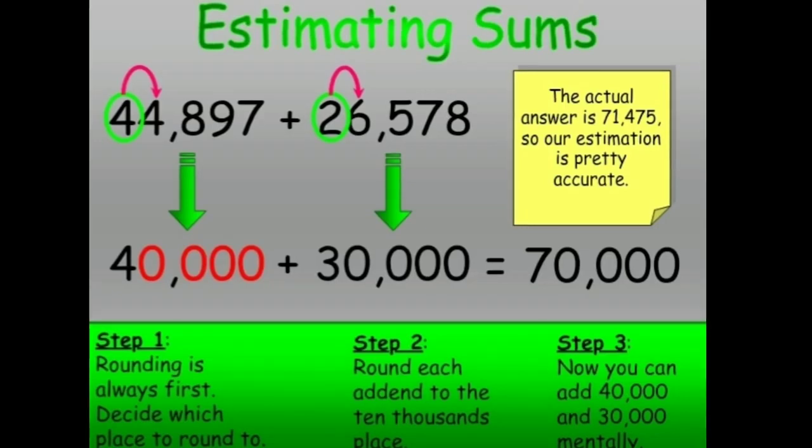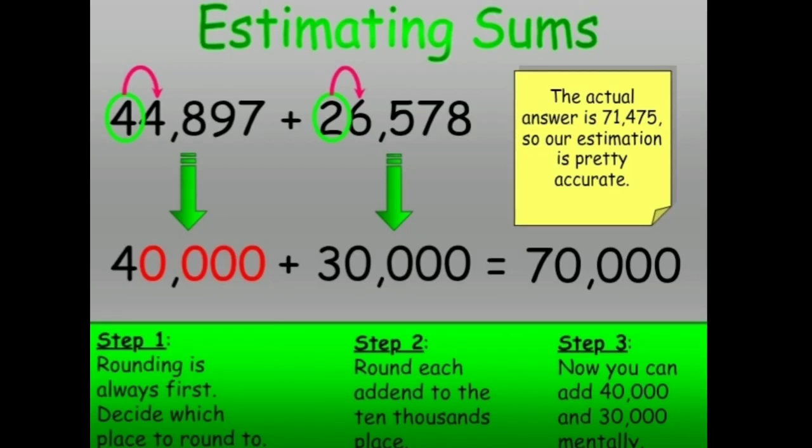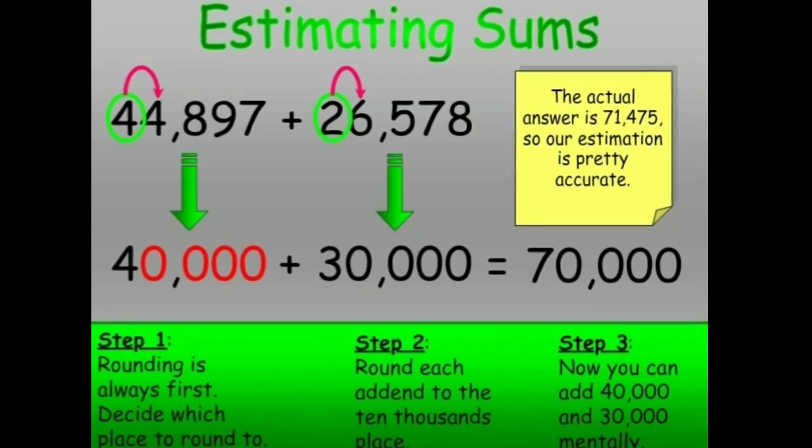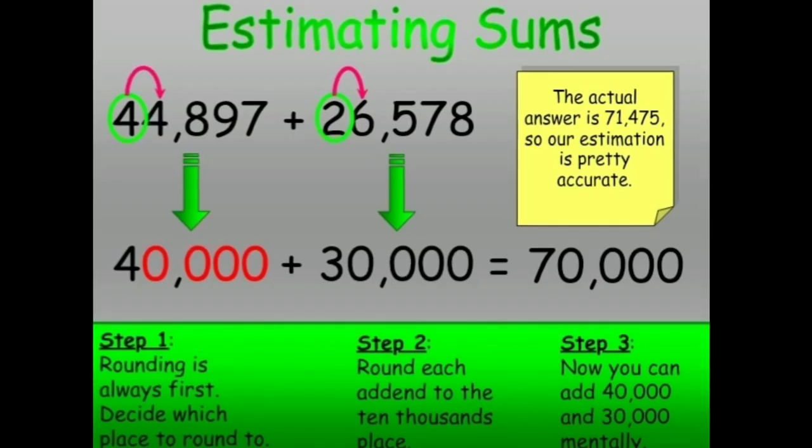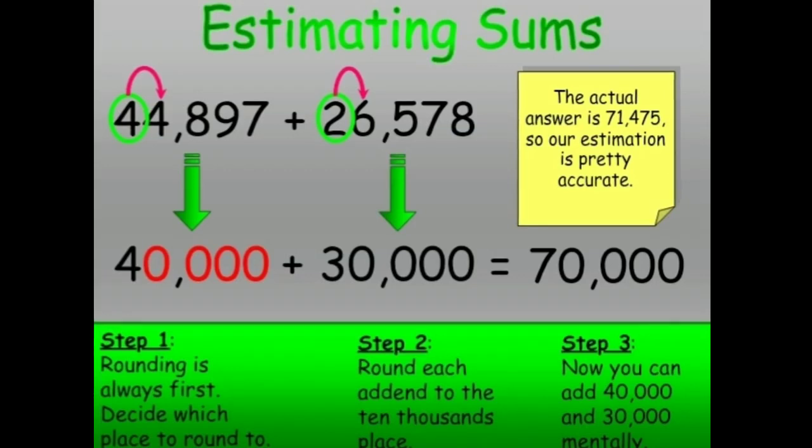If we round off 44,897, the round off comes out to be 40,000. Similarly, for 26,578, the round off comes out to be 30,000. If we add it mentally, we get the answer as 70,000. However, the actual answer is 71,475. So our estimation is pretty accurate.